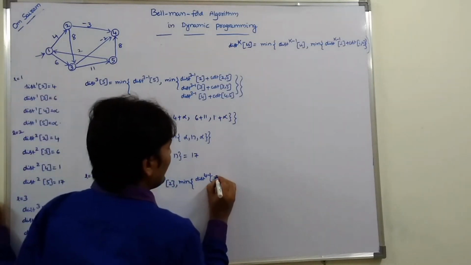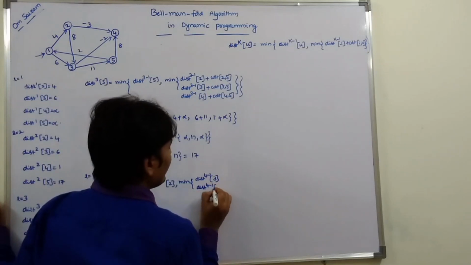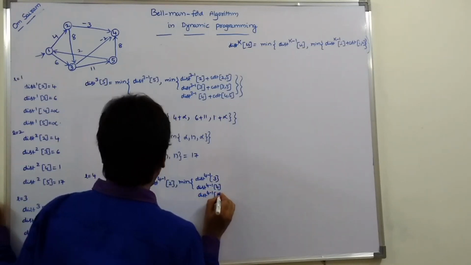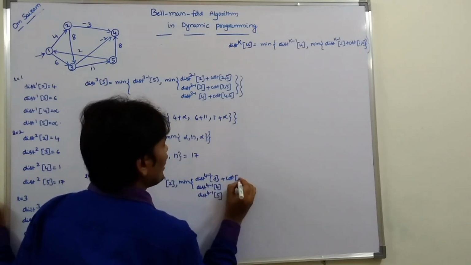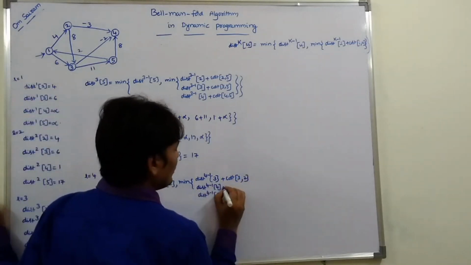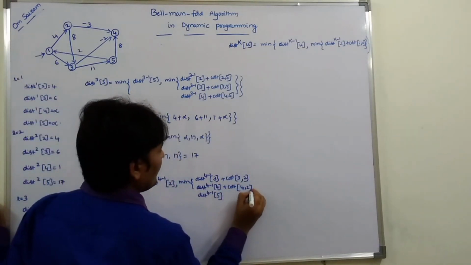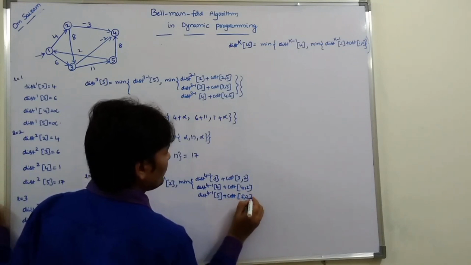So DIST 4 minus 1 of 3, 4, 5 plus cost of i value 3, i comma u, 3 comma u value is 2, 3 comma 2 plus cost of 4 comma 2 plus cost of 5 comma 2.